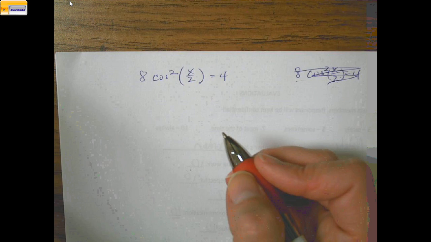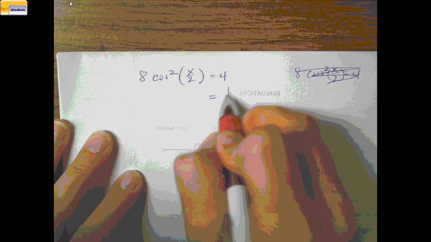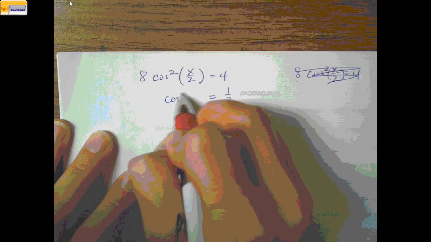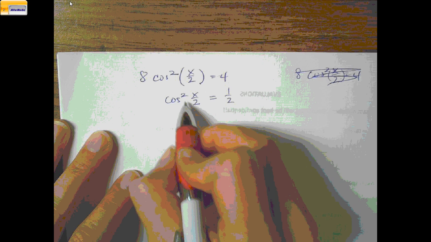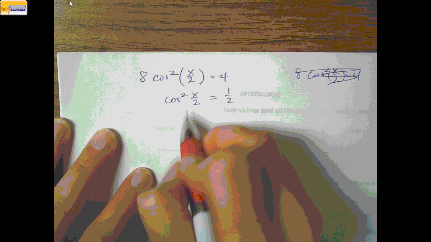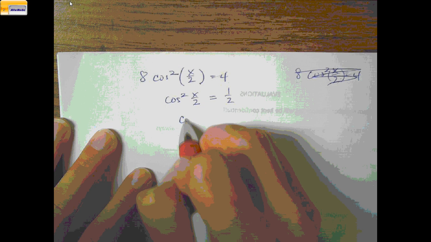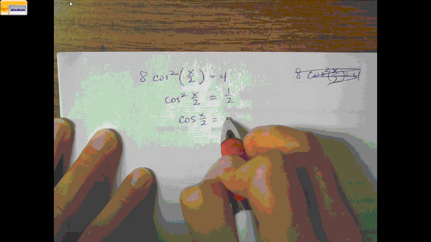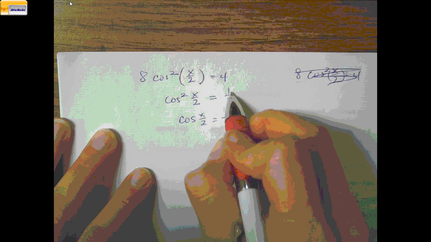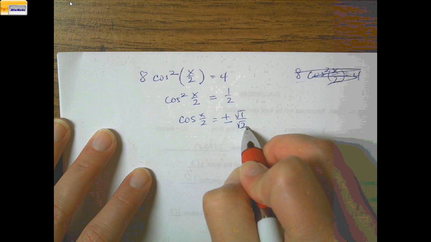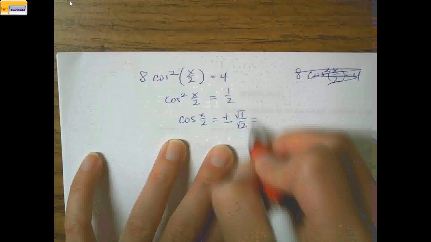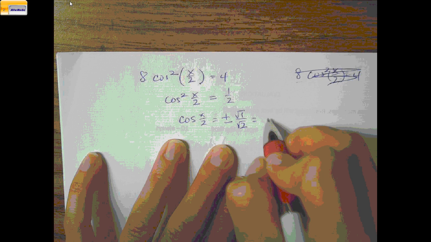Okay, so I think what we can do here is we can just start to unravel it. If we divide by 8, we're going to get a half. And if we square root both sides, we're going to get positive and negative radical 1 over radical 2, which, if you rationalize that, is radical 2 over 2.